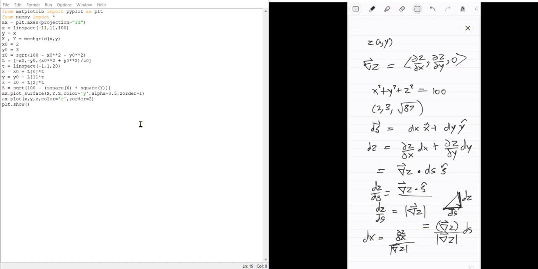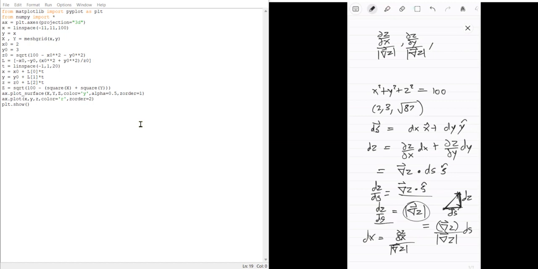So the final vector that you are getting is going to be partial z upon partial x upon the magnitude of gradient of z, and then partial z upon partial y, once again the same thing. And the last one is just dz, but now you know that dz is just this thing times ds, right?